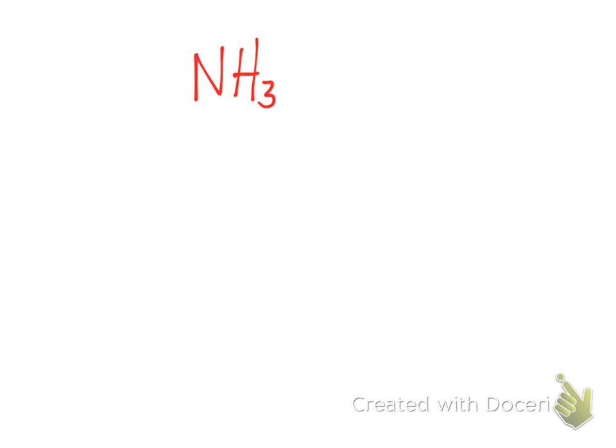So nitrogen gives how many? 5. And each hydrogen gives how many? So 3 times 1 is 3, which gives us a total of 8 electrons that need to be represented somewhere in our structure. Okay? So we need a total of 8 electrons.